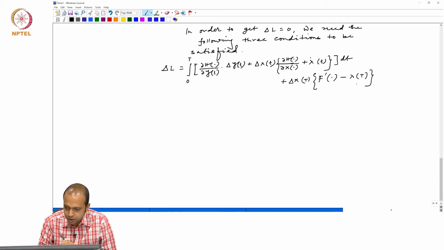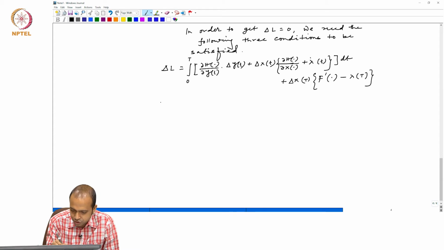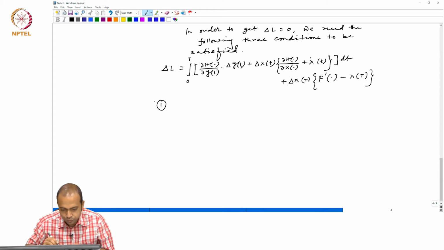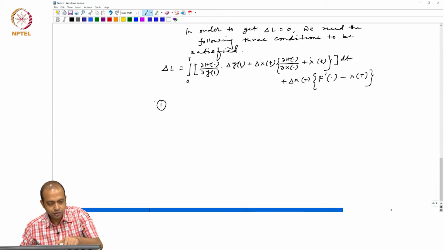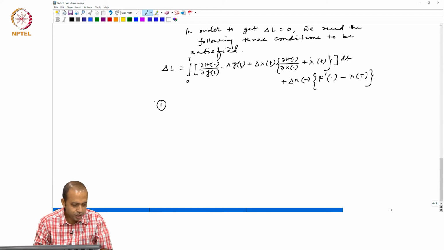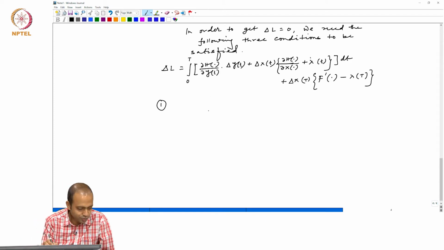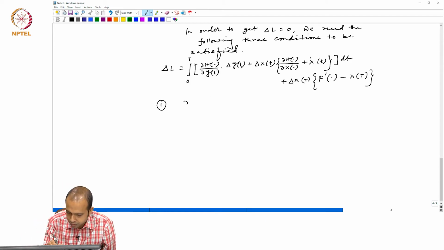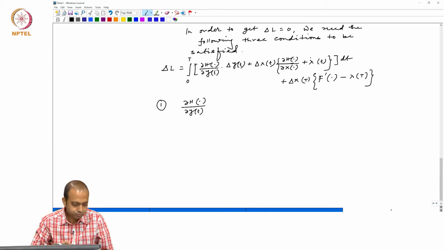Okay. What are the conditions we required? First condition, if we want to get the entire expression delta L equal to 0, then del H dot del yt should be 0.